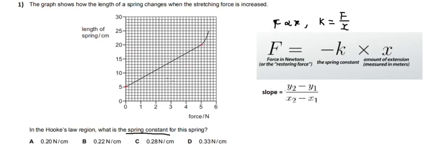So how can we find this spring constant? Spring constant is force divided by the extension. We can find that with the help of the concept of slope. Slope is y2 minus y1 divided by x2 minus x1, that is, change in the y-axis divided by change in the x-axis.